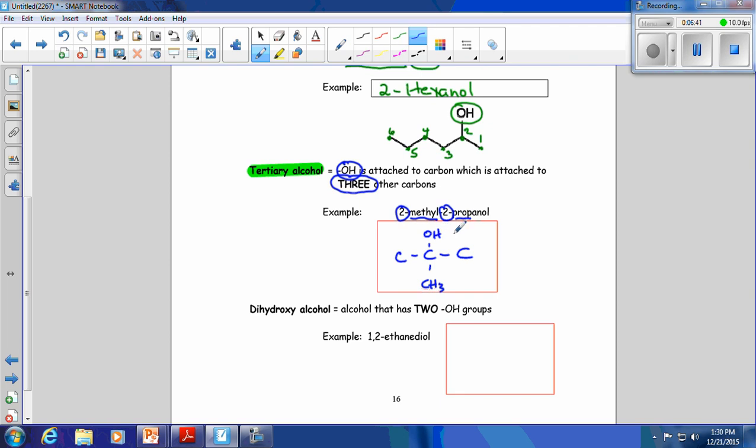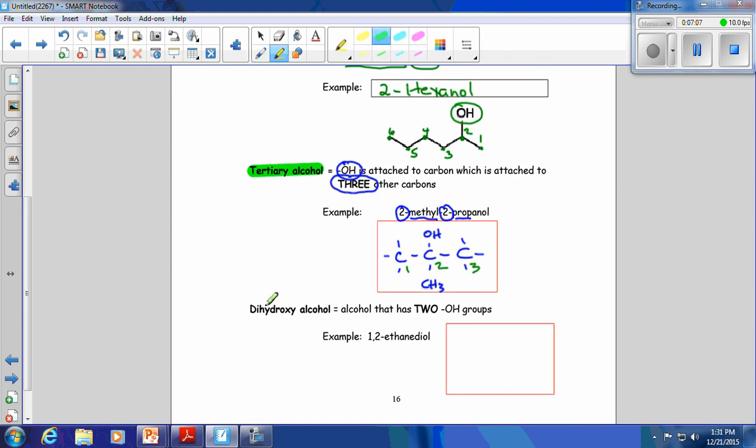All right, and everything else is going to be filled in with the hydrogen atoms attached to the carbon. So 2-methyl. Switch this up. Number these. 2-methyl, 2-propanol. Okay?